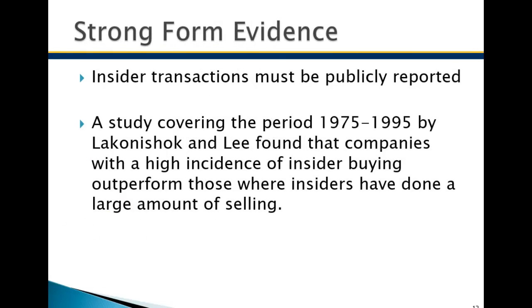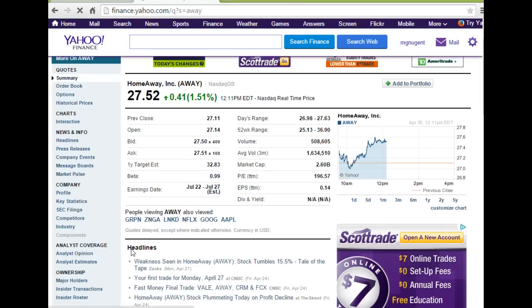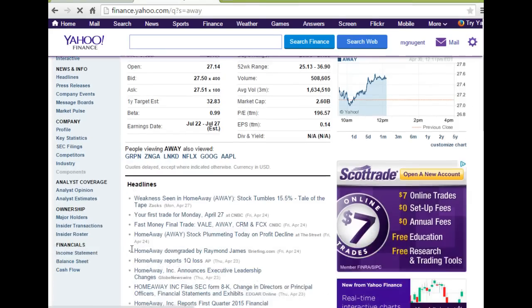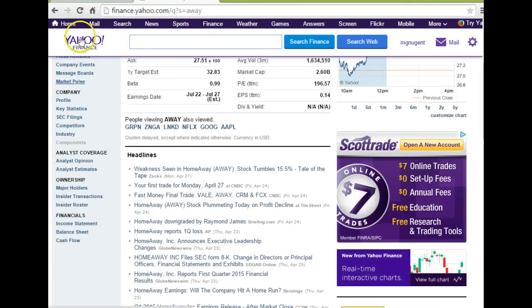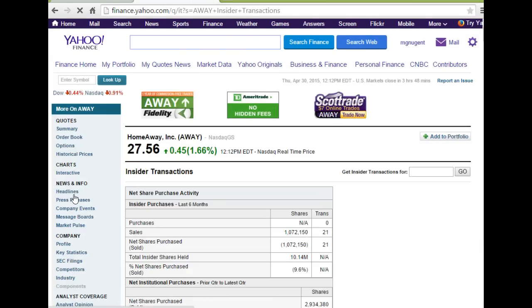Actually, okay, so if you go under Yahoo Finance and you scroll down on the left side, you'll see something that says Insider Transactions. You can click on that and you can get an idea.